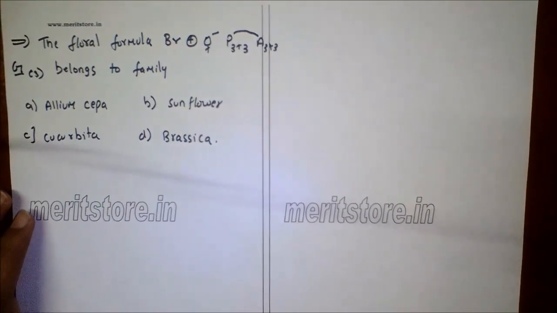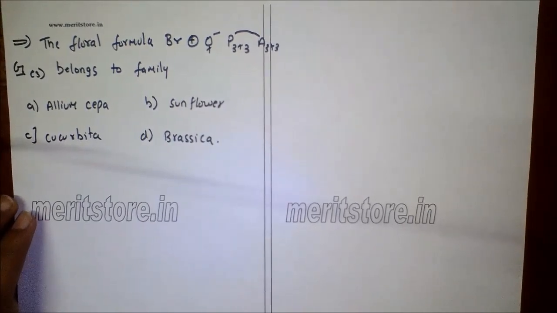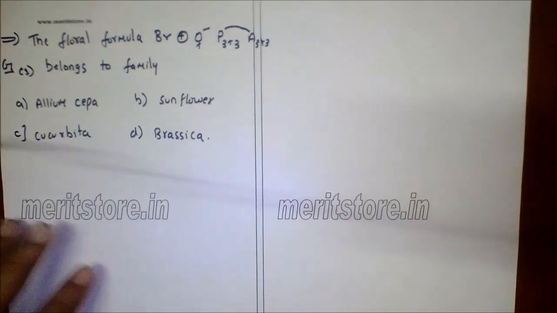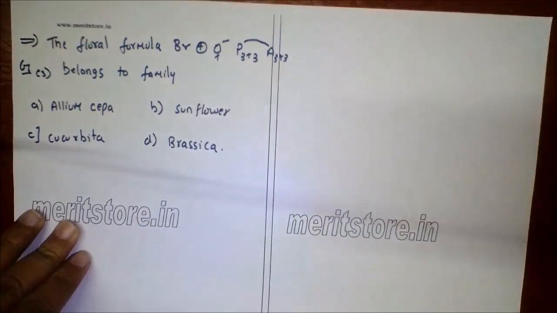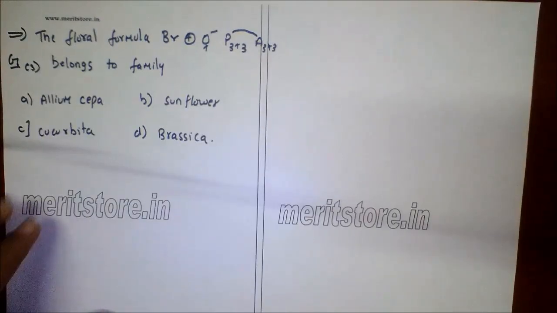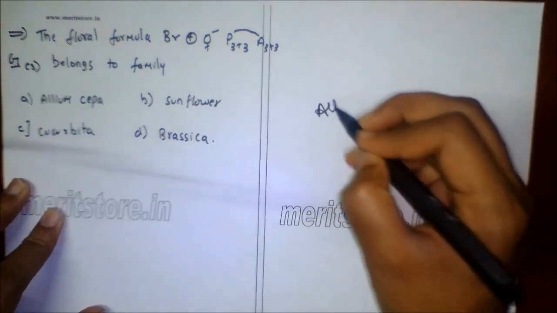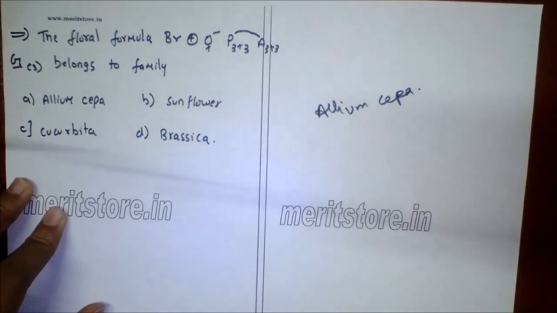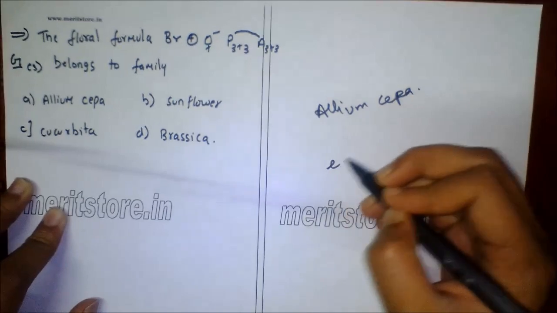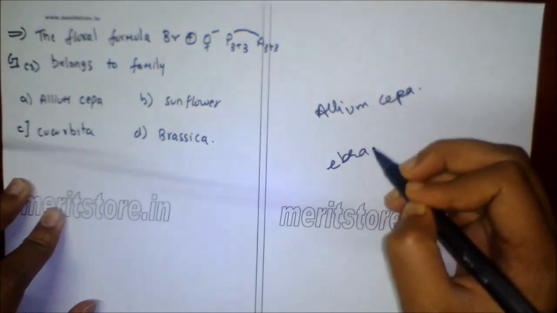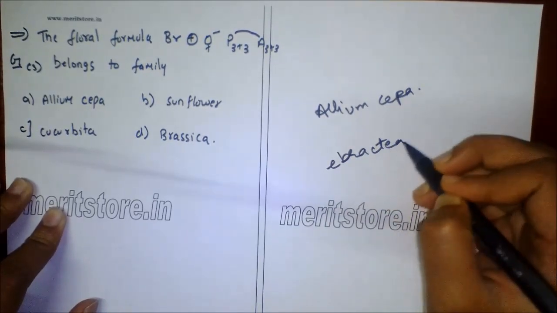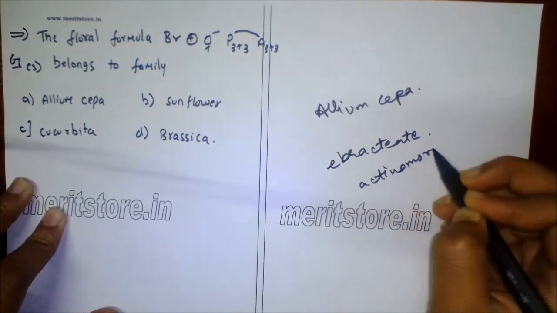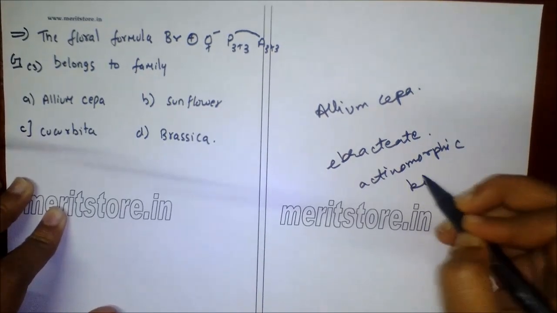The floral formula belongs to the family: A. Allium cepa, B. sunflower, C. Cucurbita, D. Brassica. So the floral formula of Allium cepa shows that the flower is ebracteate, actinomorphic and bisexual.